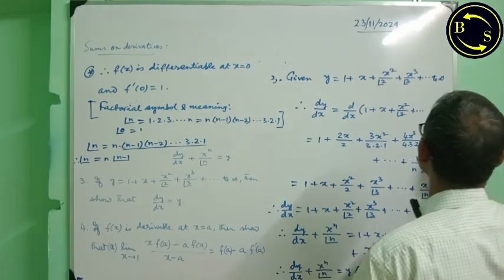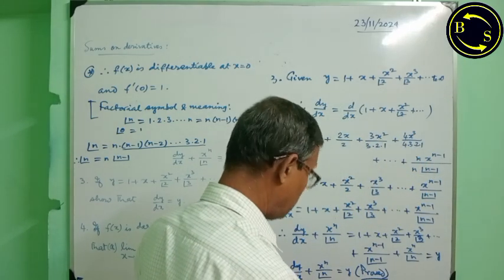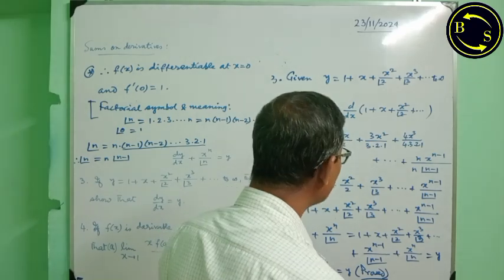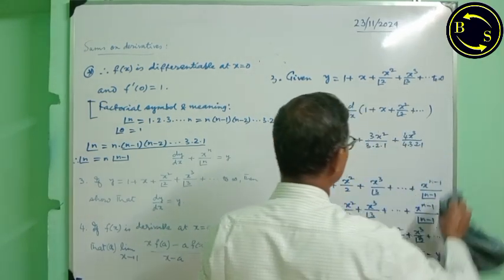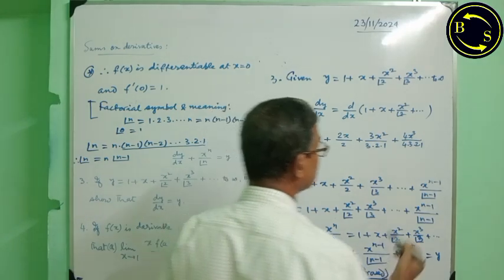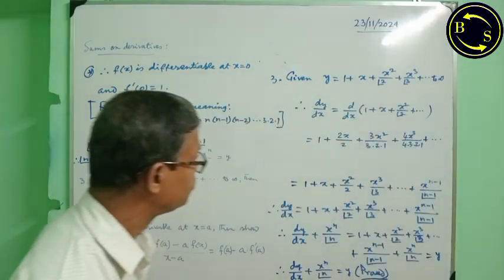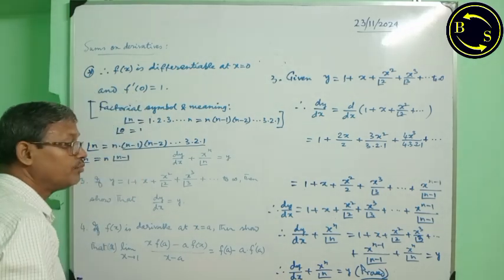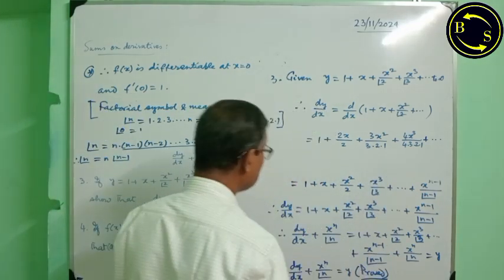We can write it also like this. Therefore, for this step, we can write, therefore dy dx is equal to this.